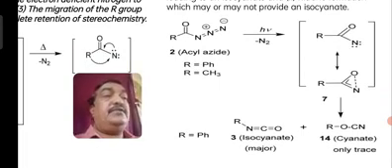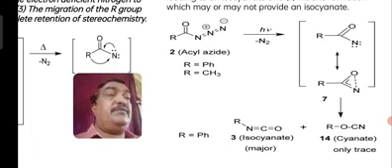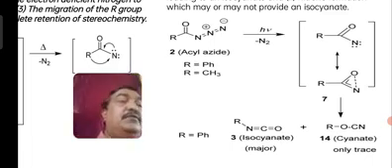In the next step, this may give R-OCN, that is alkyl cyanate, or the isocyanate RN double bond C double bond O. The isocyanate is the major product and the cyanate is the minor product.